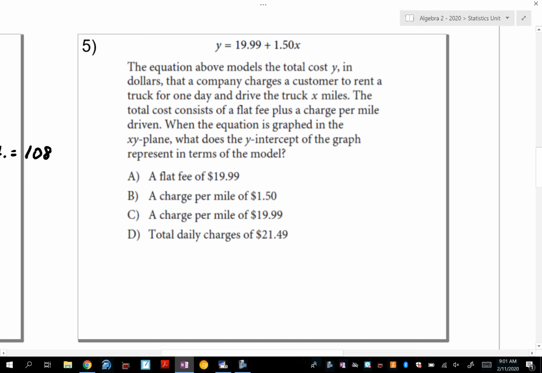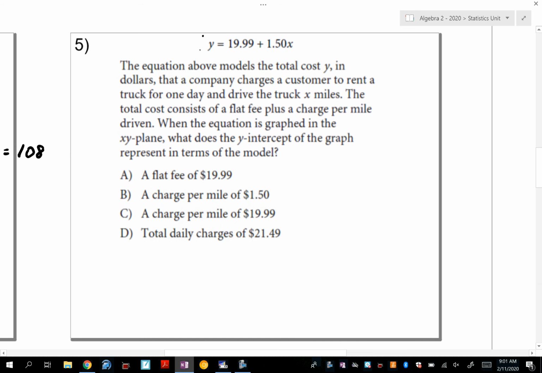Okay, number 5. Number 5 gives you the model. It says that the total cost, Y in dollars, that a company charges a customer to rent a truck for 1 day and drive the truck X miles. Again, a little bit similar to why I chose number 4. It's in a different order, so the y-intercept is actually 19.99.